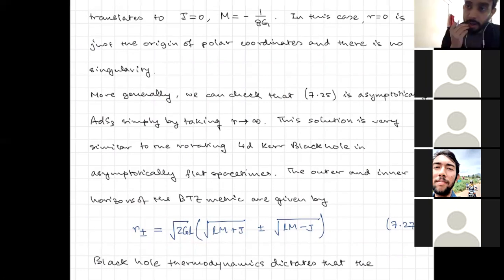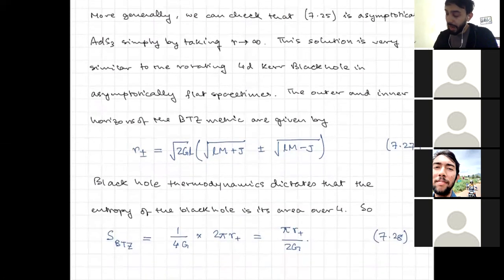Now remember our very brief encounter with black hole thermodynamics, and that yields that the entropy of a black hole is its area by 4, right? Remember, this was the guiding principle behind the fact that there could be some holographic theory, because the degrees of freedom of this theory are less.